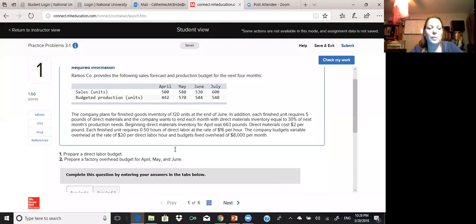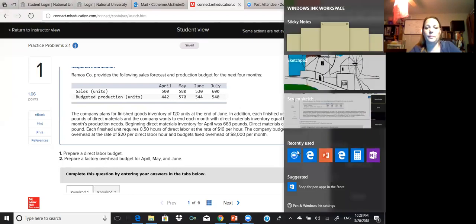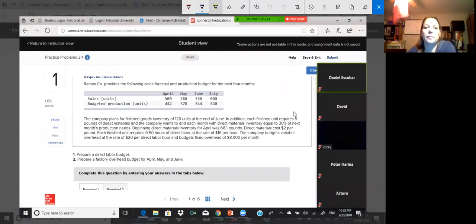They give us beginning direct materials. Okay, so for the direct labor budget, let's just look at labor so far. Each finished unit requires 0.5 hours of direct labor at a rate of $16 per hour.